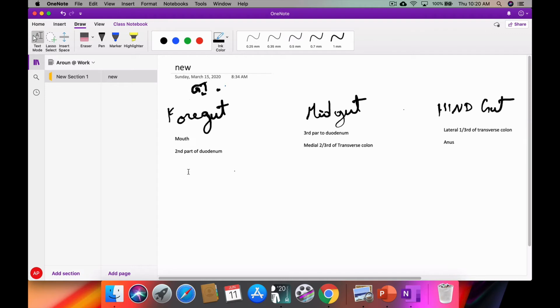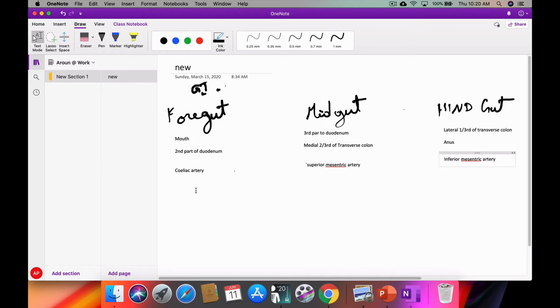and the anus. Okay, so the foregut is supplied by the celiac artery. The midgut is supplied by the superior mesenteric artery and the hindgut is supplied by the inferior mesenteric artery.